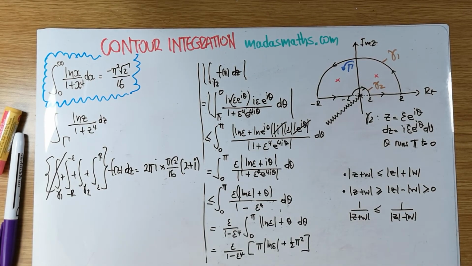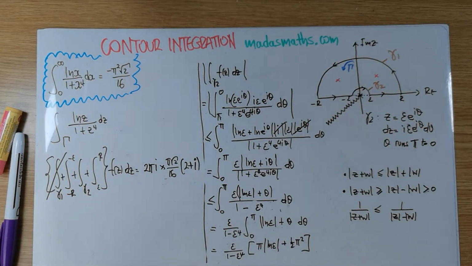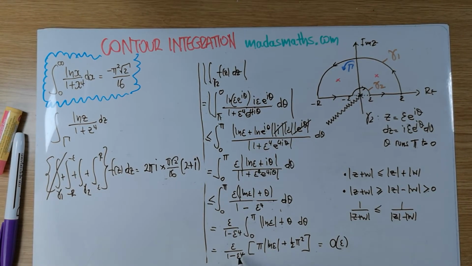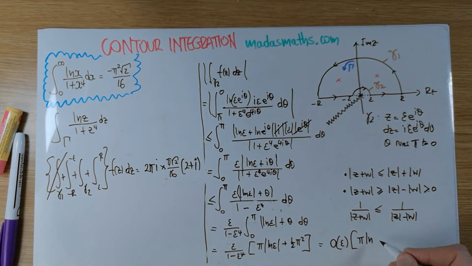And if we look at what's going to happen in there, I'm going to write it a little bit different this time. This is of the order epsilon, because of course the dominant term as epsilon goes to 0 this time is the 1, so that's going to be order epsilon times pi log epsilon plus a half pi squared.